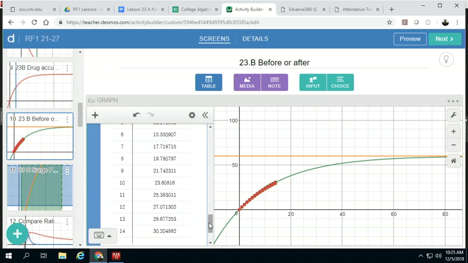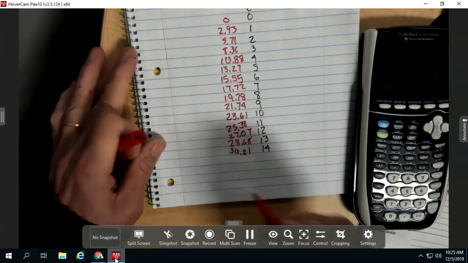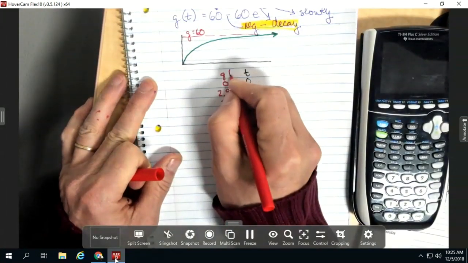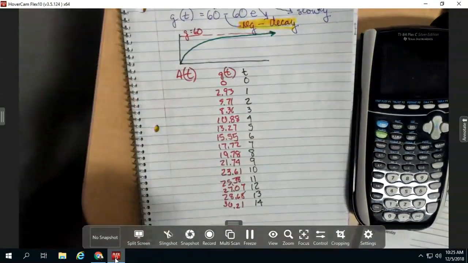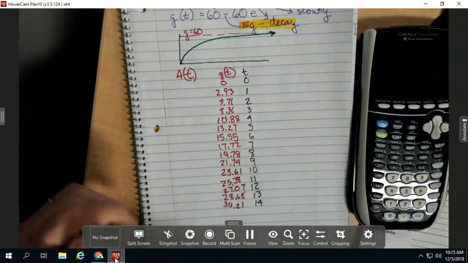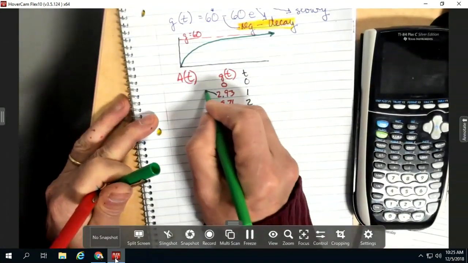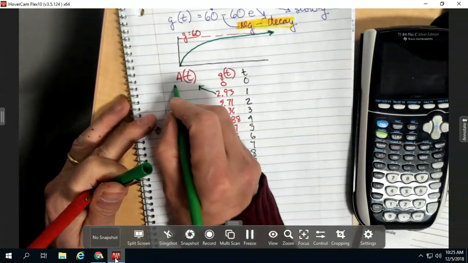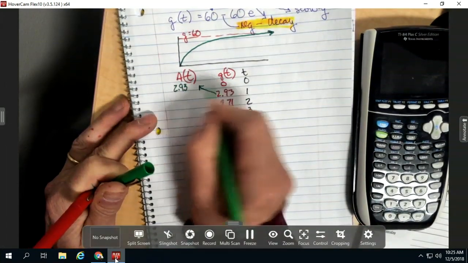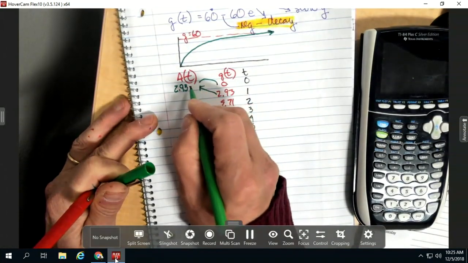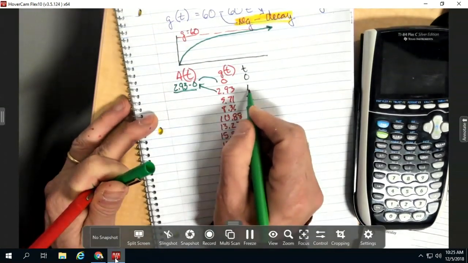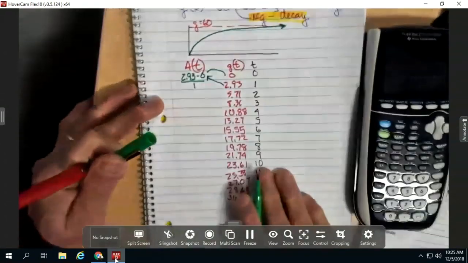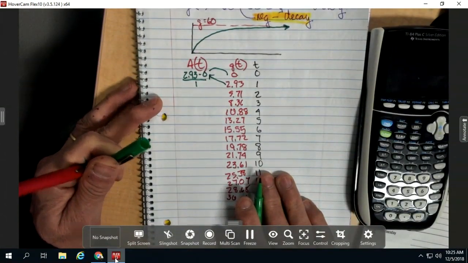Now, that just gives us our g of t function. How do we find the a of t function? Take this number minus this number and divide it by 1. Or in other words, just take that number minus that number, right?